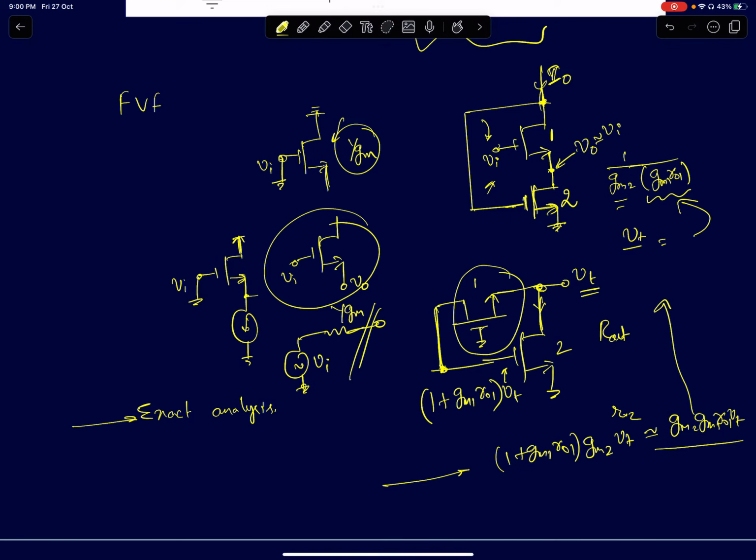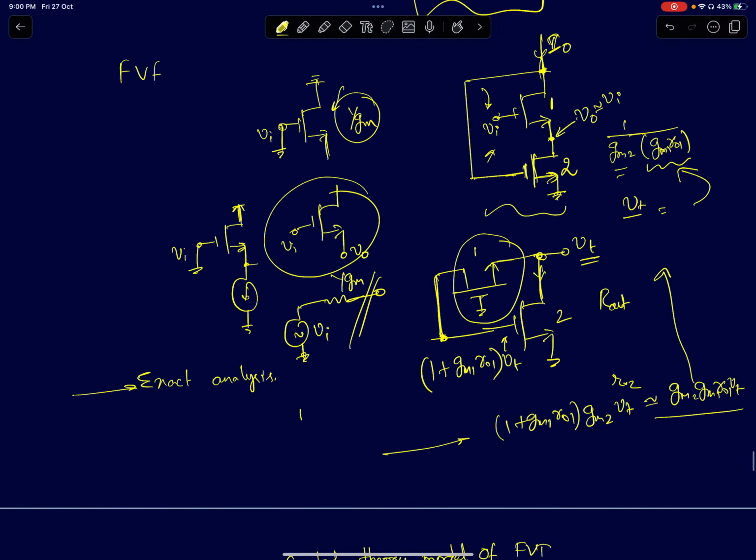Okay. Now the Thevenin equivalent of a flipped voltage follower will also be Vi, but the output impedance will be much lower. It will be 1 by GM2 times 1 by GM1 RO1, which is intrinsic gain times lower than the output impedance of a conventional source follower.